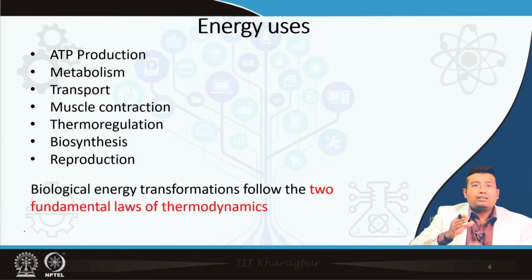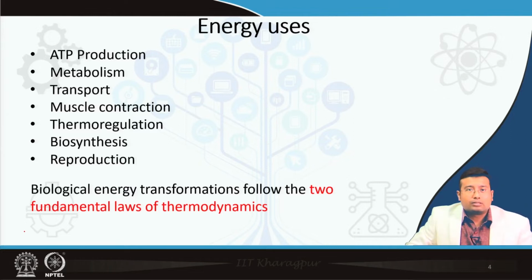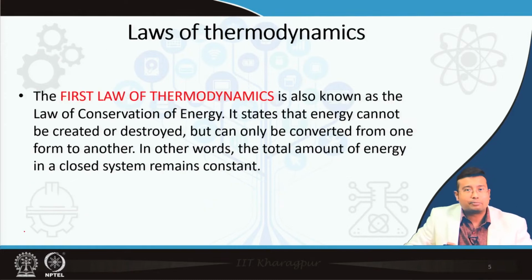So, the fundamental phenomenon of energy transformation is governed by the laws of thermodynamics, that is the two laws of thermodynamics, and biological systems are no exception. So, let us understand the laws of thermodynamics in a simple way. The first law of thermodynamics is known as the law of conservation of energy.